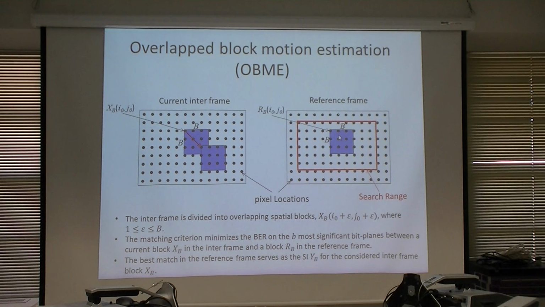My question is, which method do they use for finding the match block? In the circuit, you just find the block which has the minimal bit error rate on the most significant bit plane.